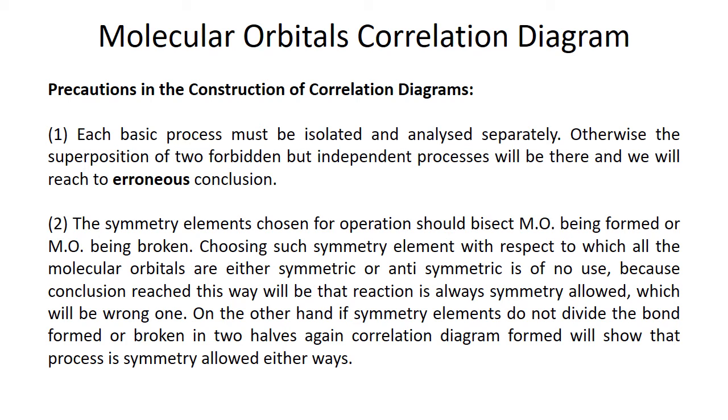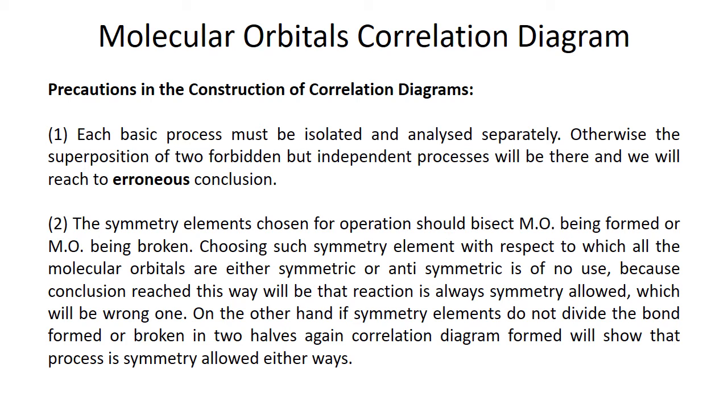But every time you construct these correlation diagrams, you have to take care of some precautions, and one of them is that each basic process must be isolated and analyzed separately. Otherwise, the superposition of two forbidden but independent processes will be there, and we will reach an erroneous conclusion.